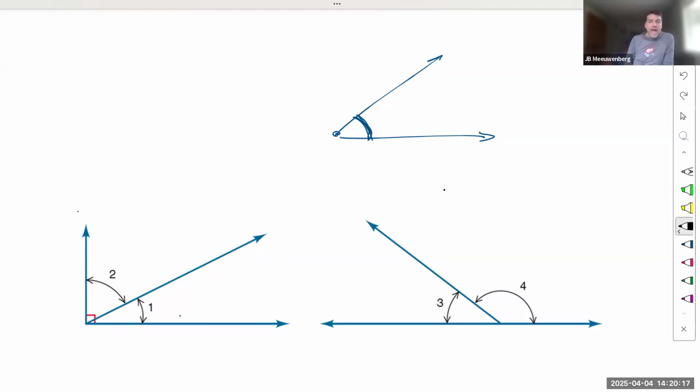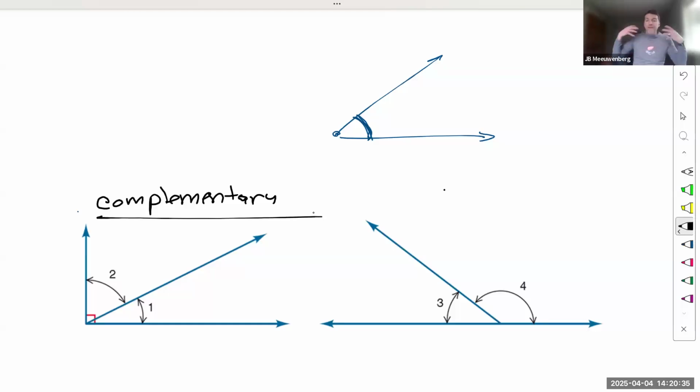So when we have two angles that combine to make a 90-degree angle, we say that those angles are complementary. Complementary things make up a whole, right?